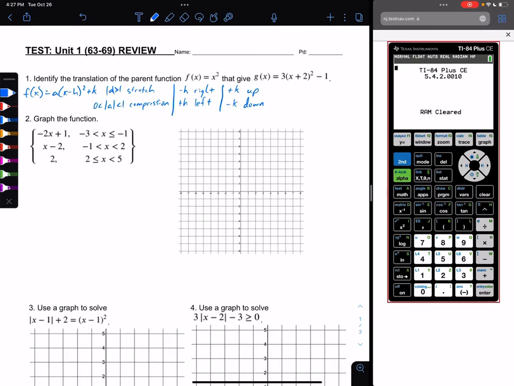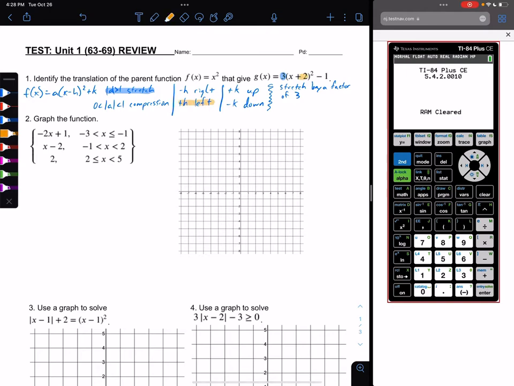All right, so the 3, right? We have this 3 here. That is greater than 1, so that tells me there is a stretch. So my actual answers: there's a stretch by a factor of 3. Next I have this plus 2.